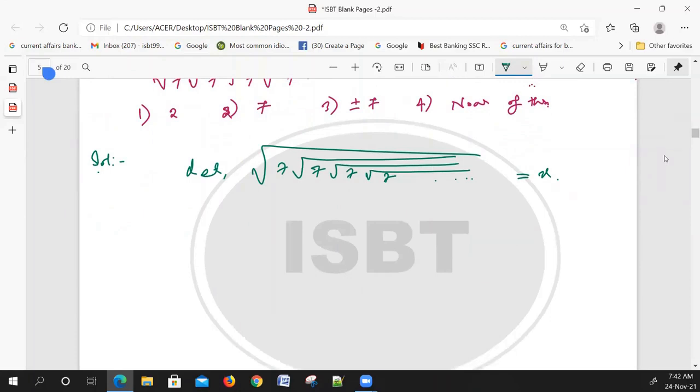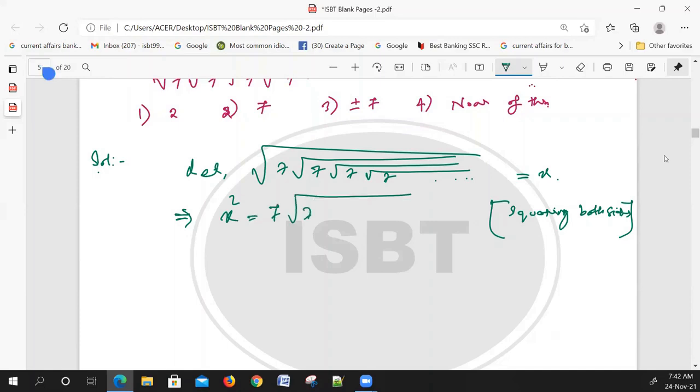Then we can write, squaring both sides, x square is equal to 7.